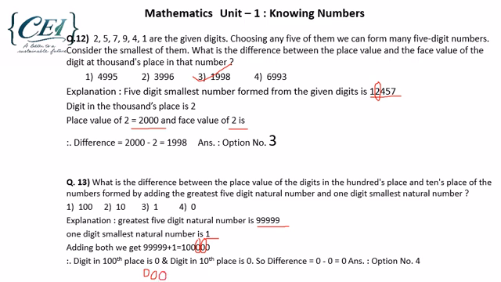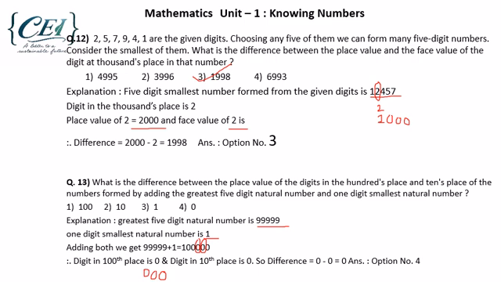For example, if the digit is 2 at the thousand place, what is the face value? 2. And what is the place value? 2000. Correct.